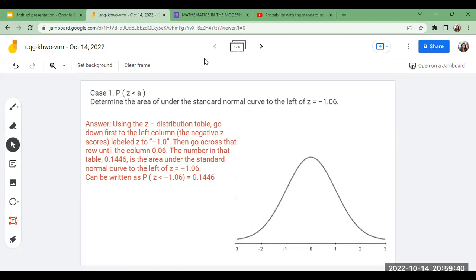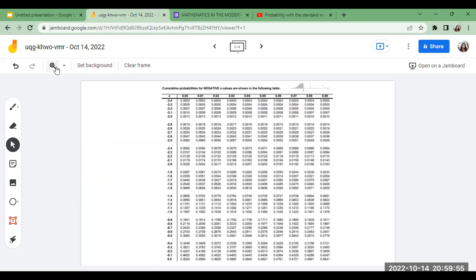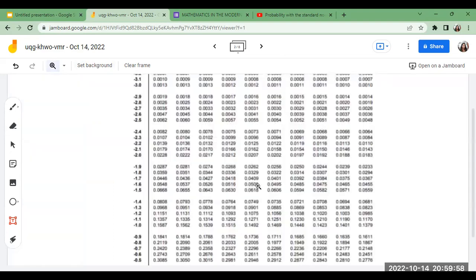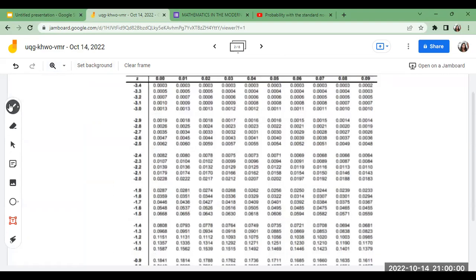So let's look for negative 1.0 in the negative distribution table. And then let's look for 0.06 in the top row. Let me zoom in a bit. Okay, so negative 1.0, we go to the left column, the first column, negative 1.0.